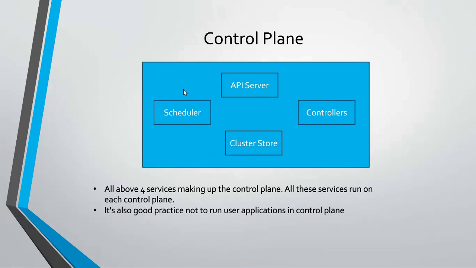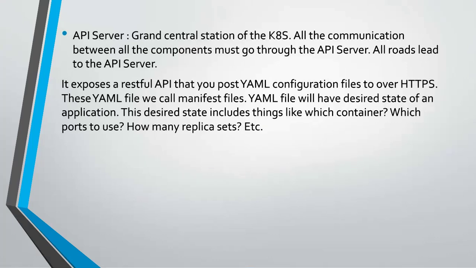So a developer will send a request, for example, run this application in this particular machine, via a YAML file. All the requests will go to Kubernetes via YAML files only. The YAML file will have the desired state of an application. This desired state includes things like which container, which ports to be used, how many replica sets. Say you are going to deploy your application into Kubernetes via the API server.